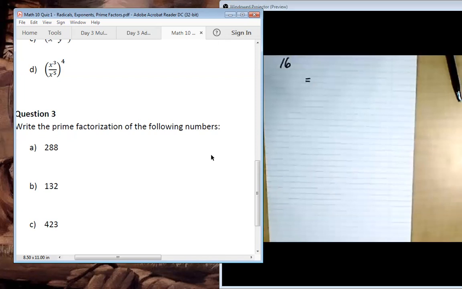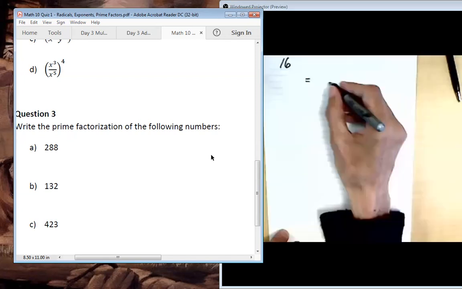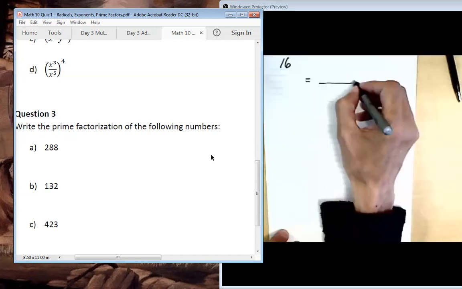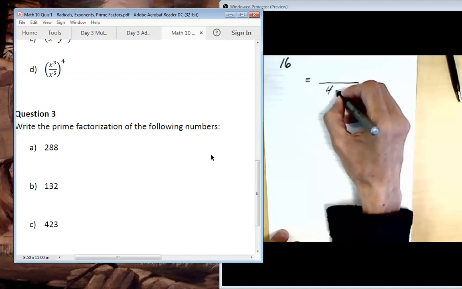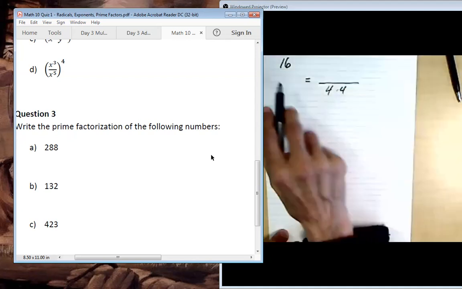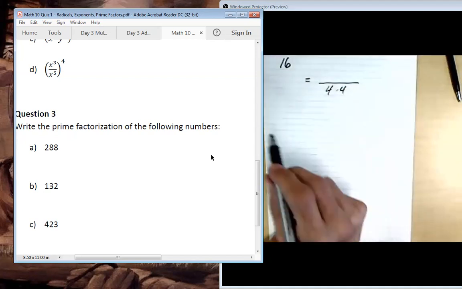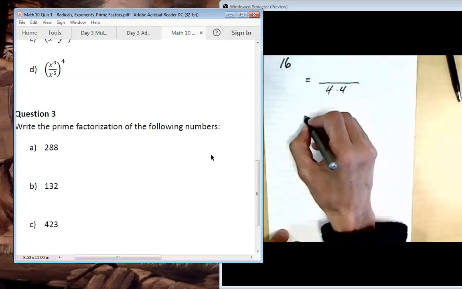4 times 4 is 16. Yeah, that's true for the bottom there. Now let's go all the way down to primes. So 16 is 4 times 4. If you go all the way to primes, what do you got?